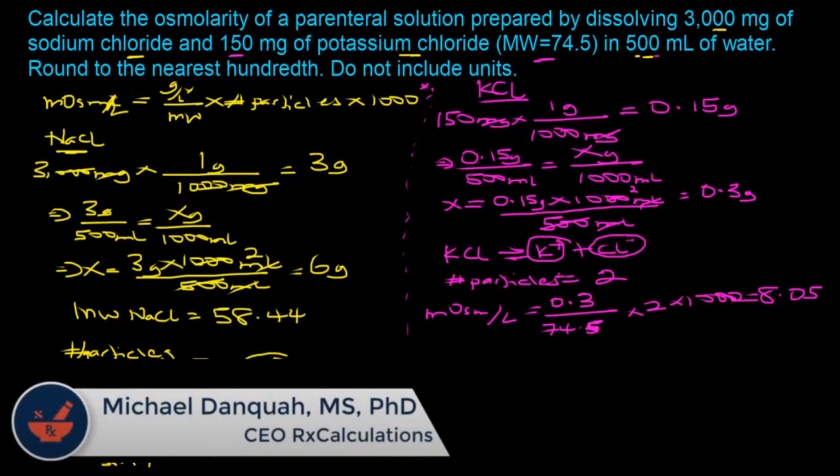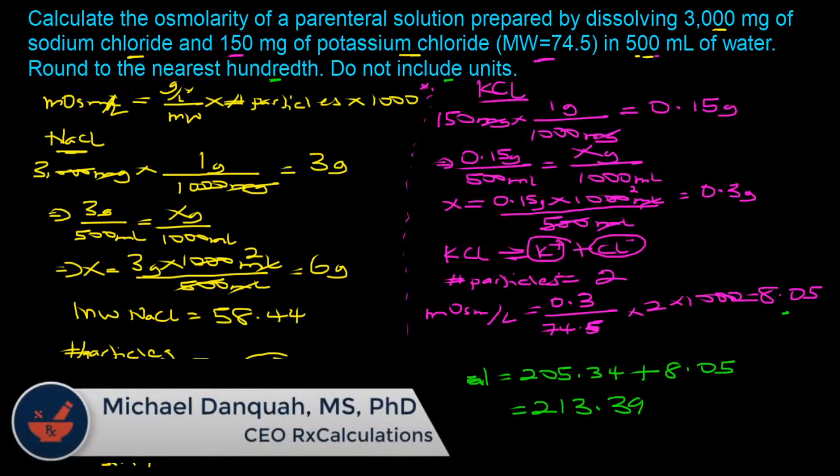Okay, so we found the contributions from sodium chloride and potassium chloride, but to determine the osmolarity of the solution, we can say total, and that should be equal to the 205.34 plus the contribution from potassium chloride, and that should be equal to 213.39, and that's because it said round to the nearest 100, do not include units. So that's how you actually address this type of question.